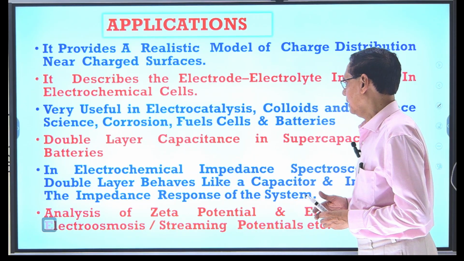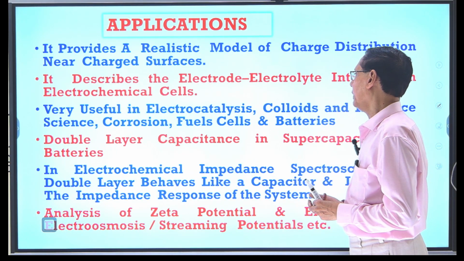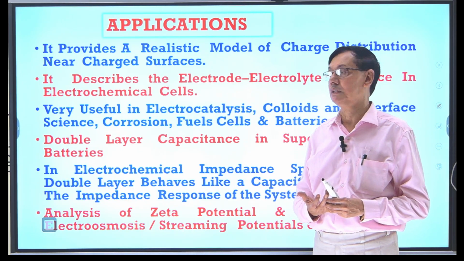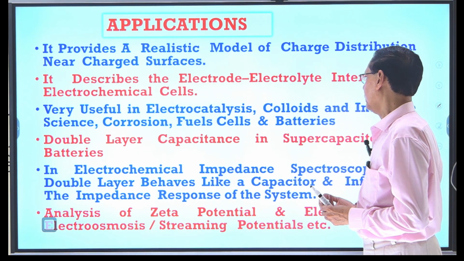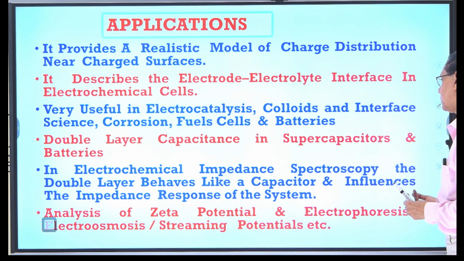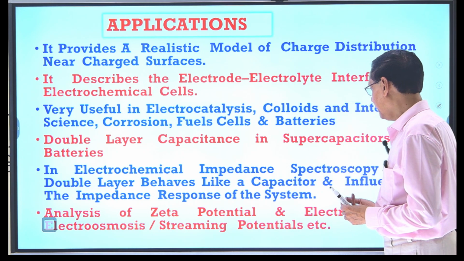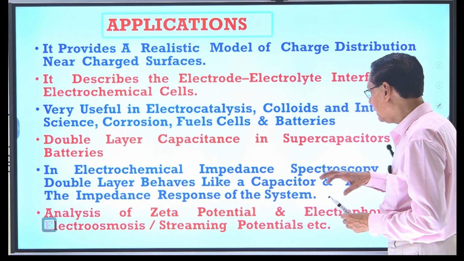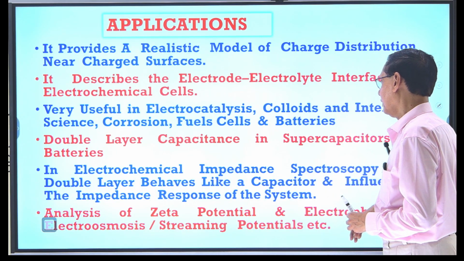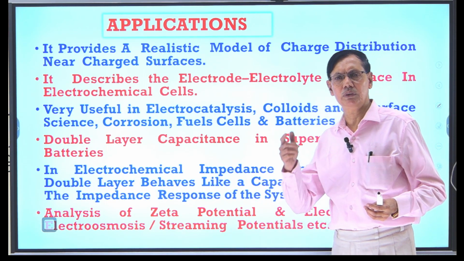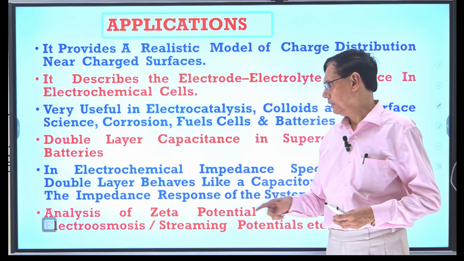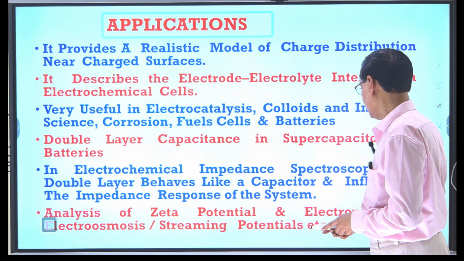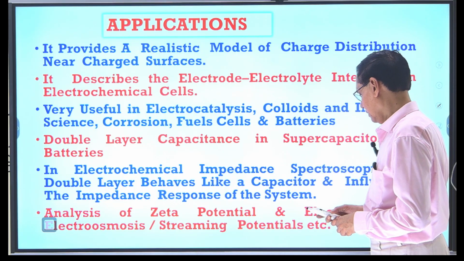In it, the double layer behaves like a capacitor and influences the impedance response of the system. And of course, today I will not discuss the zeta potential and other things. The analysis of the zeta potential and electrophoresis can be solved with that model.